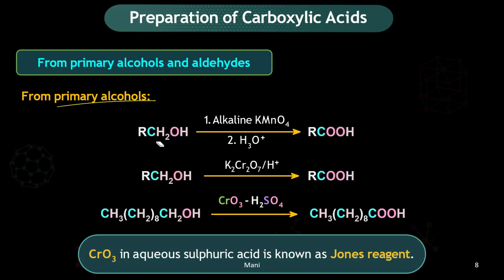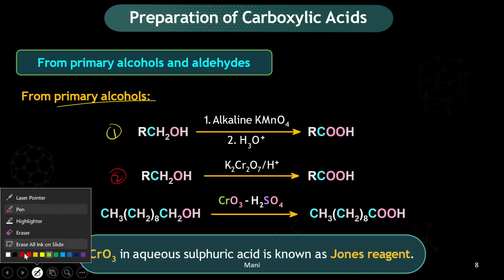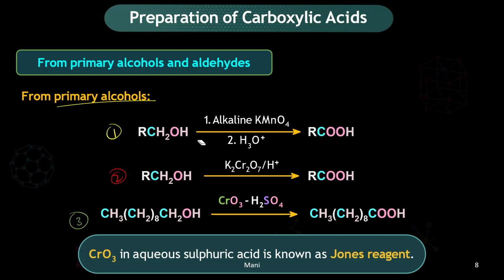What differs is the reactants that we use here. Understood? So this is one type, this is the second type, and this is the third type. So see here, the first one. It's a primary alcohol.